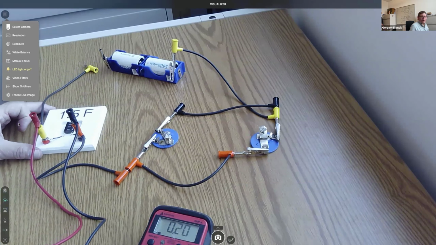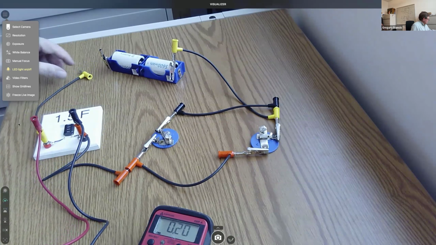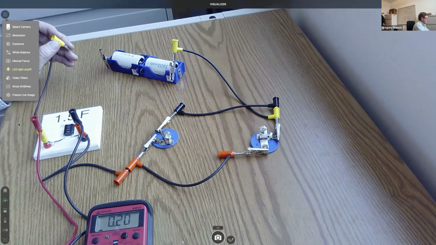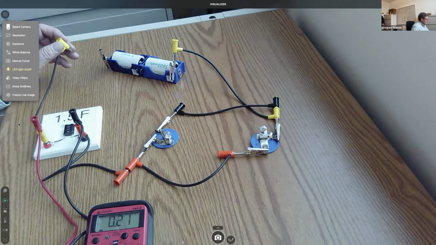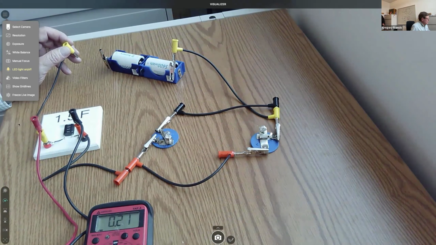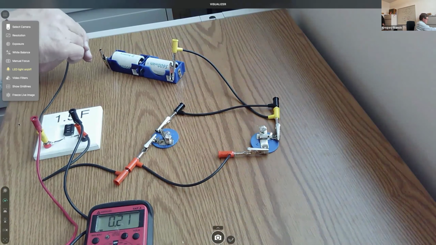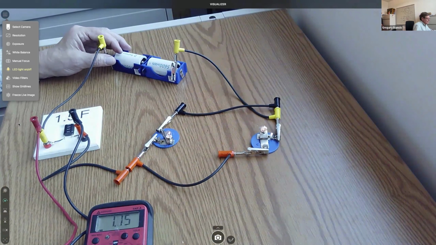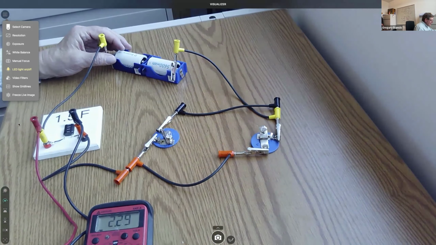Okay, so when I close this switch, the reading across this capacitor should be 0, and these two bulbs should each be as bright as a single bulb circuit. And 1, 2, 3, whoop, they're bright. They're both bright. And now they're dimming.